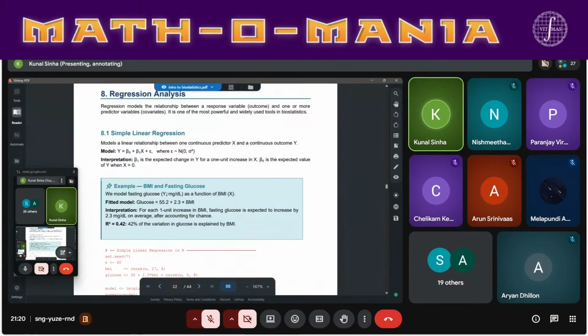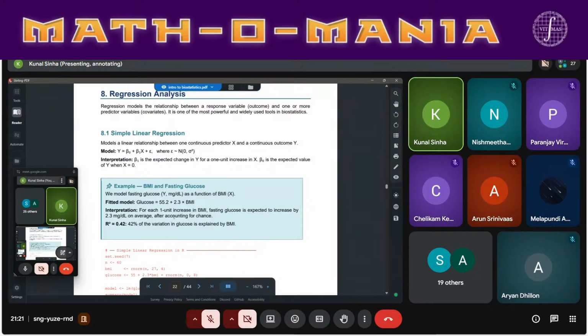Glucose is Y, BMI is X. BMI is independent, it is not dependent on glucose, but glucose is dependent on BMI. Hence, we are taking glucose as the dependent variable. For each 1 unit increase in BMI, fasting glucose is expected to increase 2.3 milligram per deciliter on average.